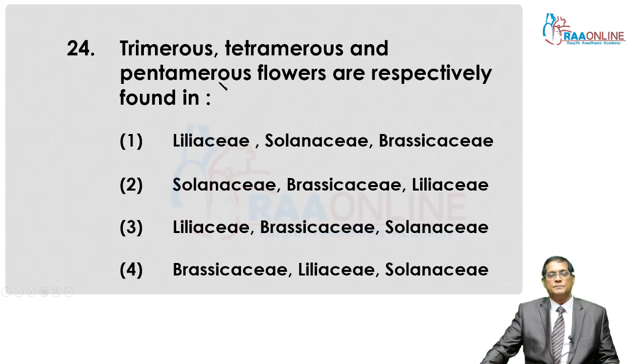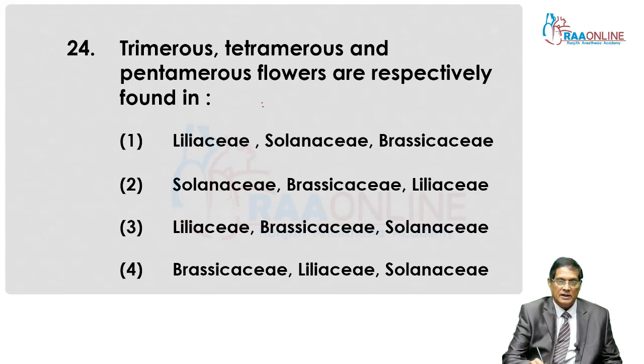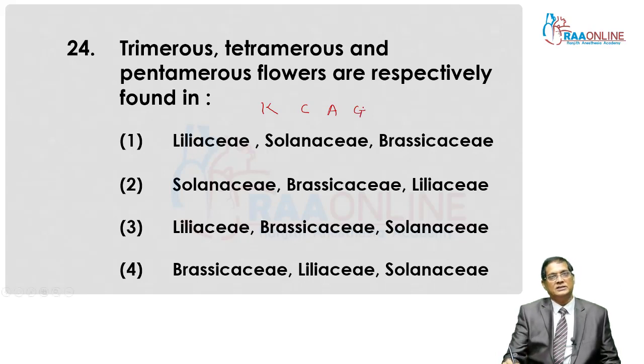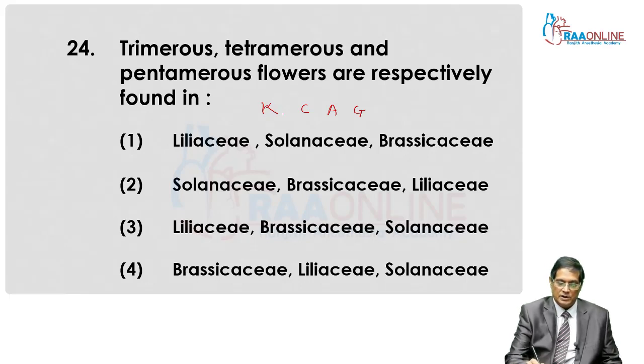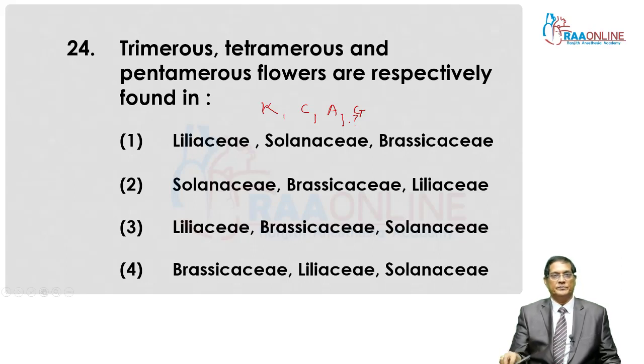Trimerous, tetramerous, pentamerous. Actually, a flower has four whorls: calyx, corolla, androecium, gynoecium. Check the number of members in each whorl: count the number of sepals, the number of petals in corolla, the number of stamens in androecium, and the number of carpels in gynoecium.